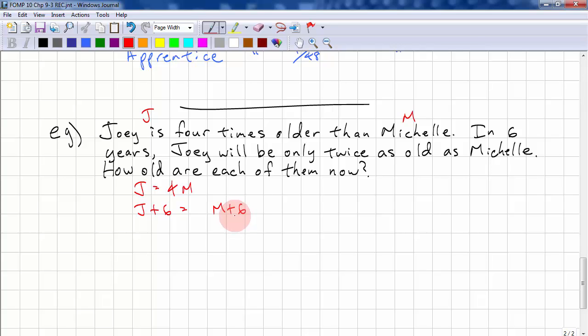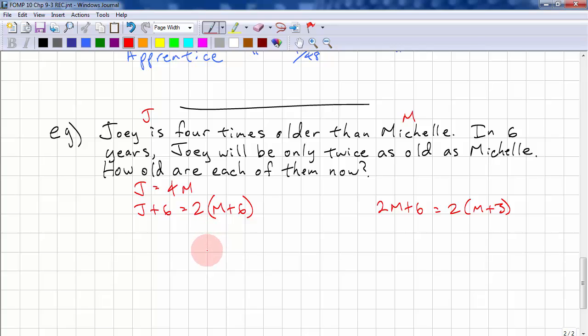Joey will only be twice as old. So twice as old means you have to put brackets around twice her age at that time. If you put 2M plus 6, that would be incorrect, because really this is 2M plus 3, and you're not adding the same age to both of them.